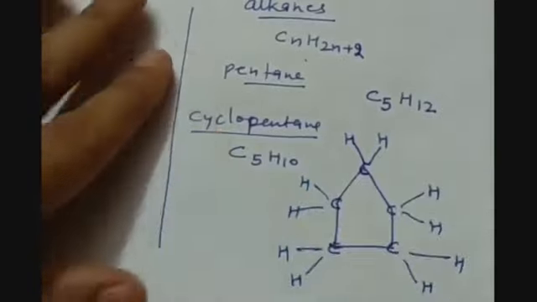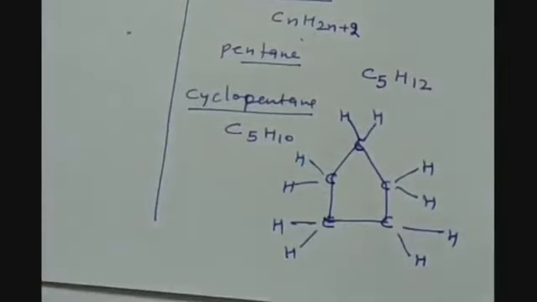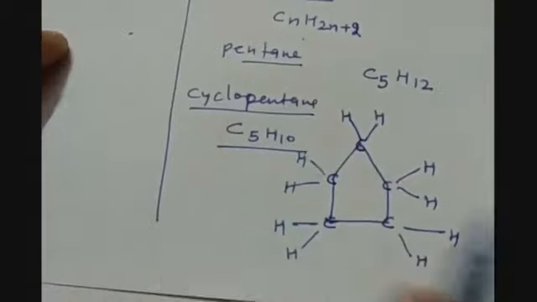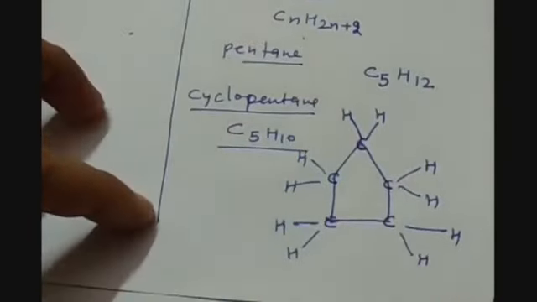Now just count how many hydrogens there are. We have 10 hydrogens, and that is why when we make a ring structure and close the structure, we have to remove 2 hydrogens, because now that valency is fulfilled by the adjacent carbon atoms. So that is why this difference in the formula is there. So I hope now this doubt is clear.